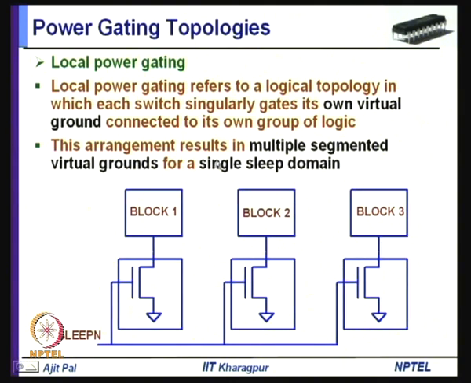So, this arrangement results in multiple segmented virtual grounds for a single sleep domain. You note that there is only a single sleep control signal. Although there is a single sleep control signal, you have multiple virtual grounds for different blocks of logic.